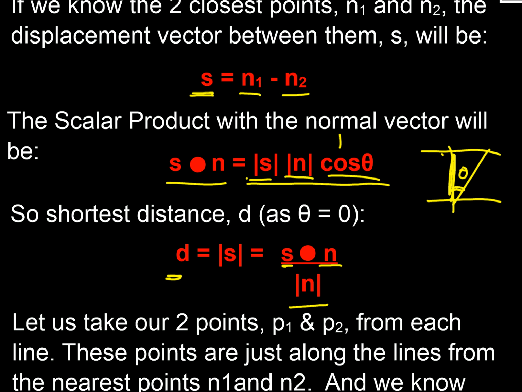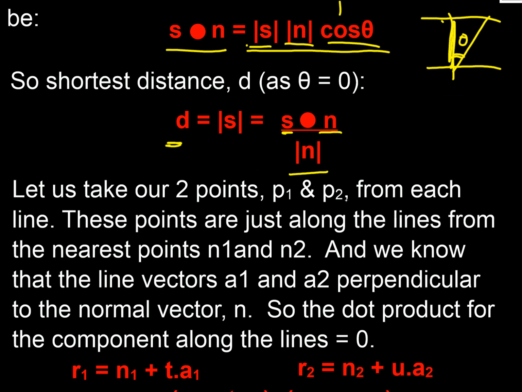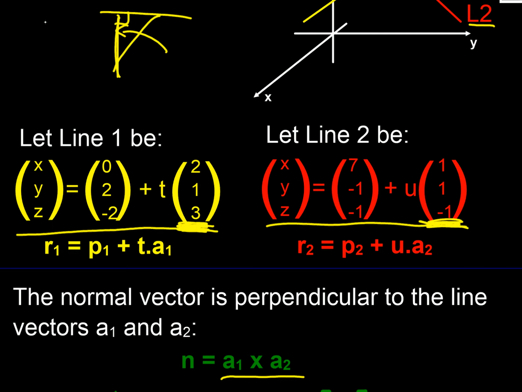Now, I don't know what n1 and n2 are, but I've got 2 points, P1 and P2, that I already know. They're the 2 points up here at the start. This one here is point P1, that's on the line, and here's P2, and they're both on the line.